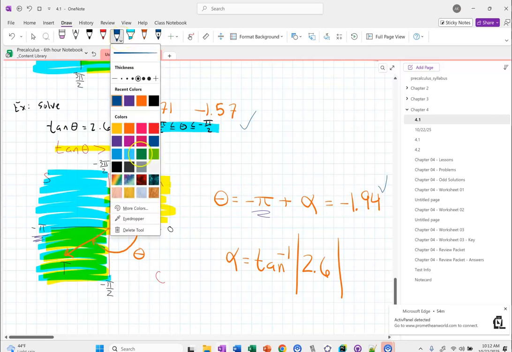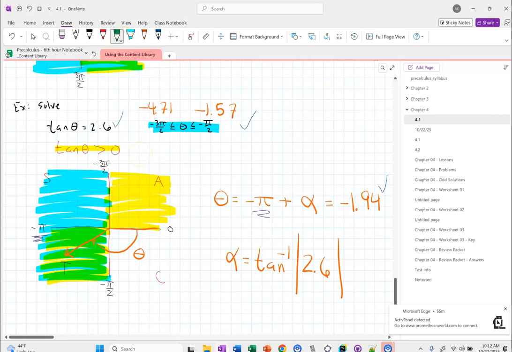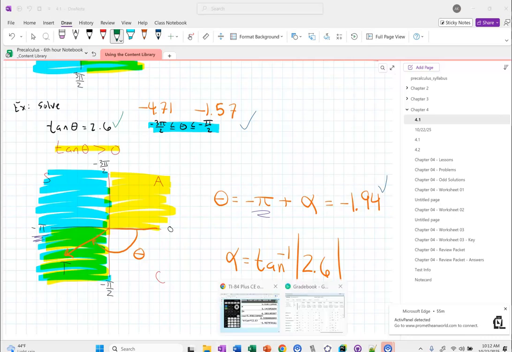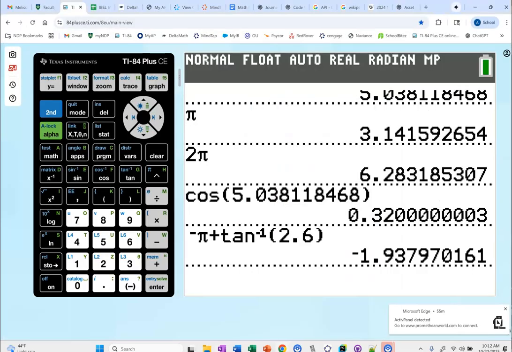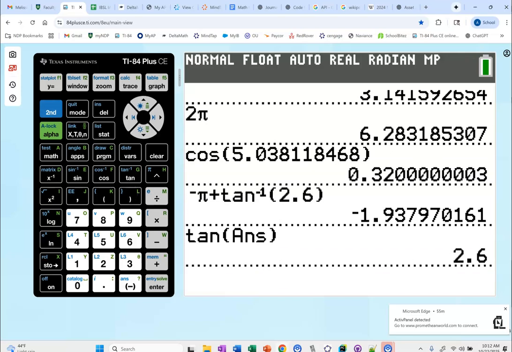And then my second part of my check is, does tan of -1.94 give me 2.6? So let's check that. And it does. What do I say? It's correct. I'm pretty positive I got it.